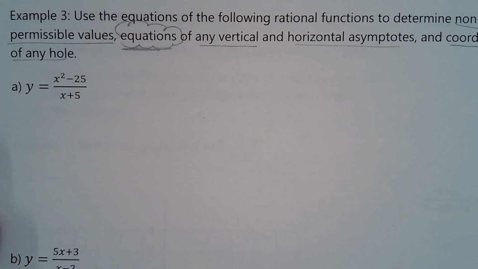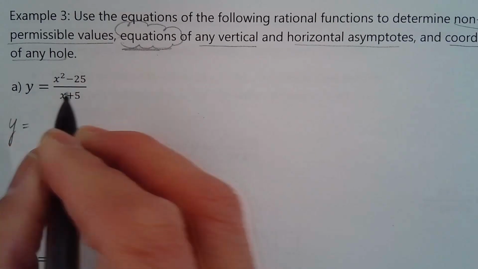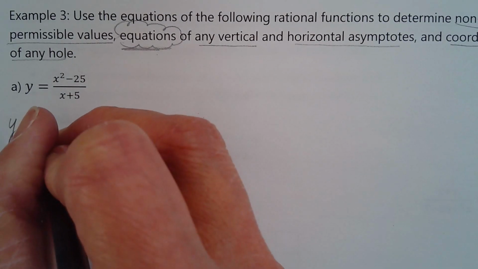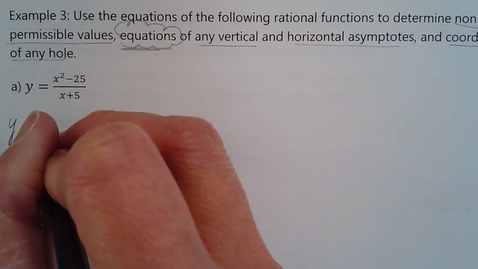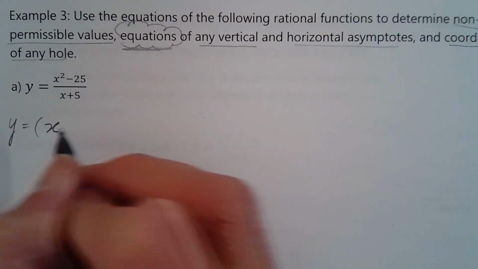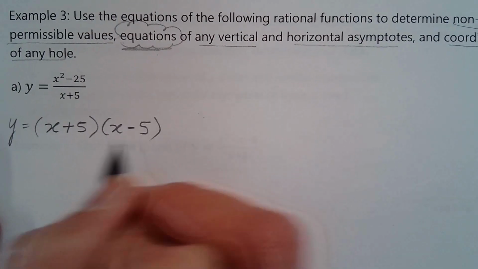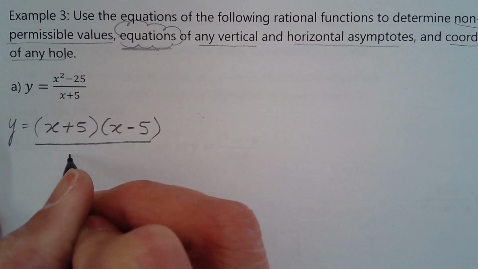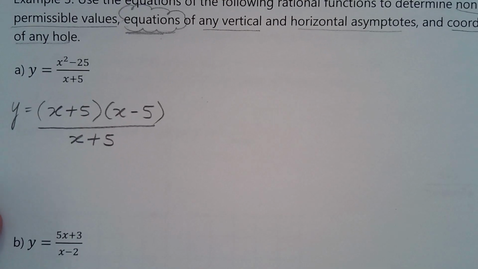So in this particular case, what do we have to do first? We have to factor it out, right? What's the factored form of the numerator? x plus 5, x minus 5. Very good. And the denominator is going to be x plus 5. Good.